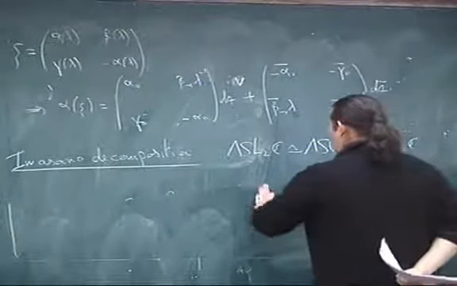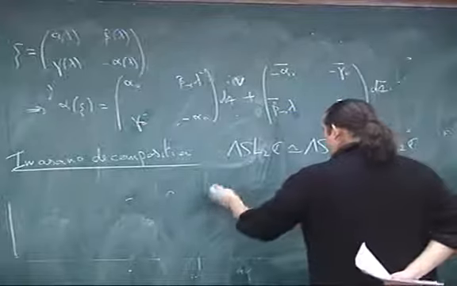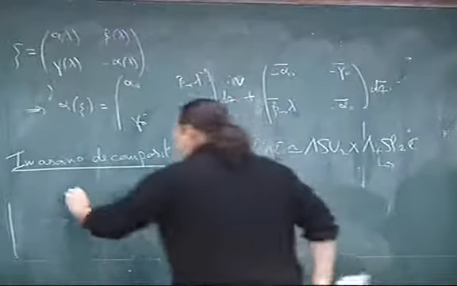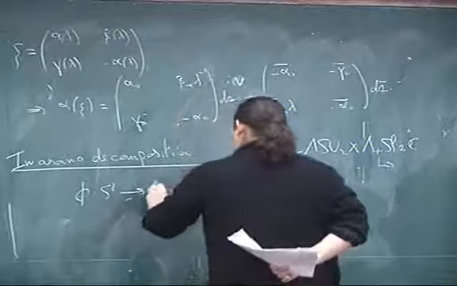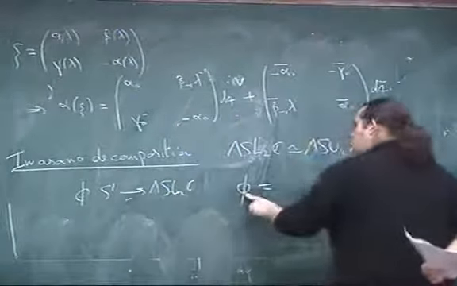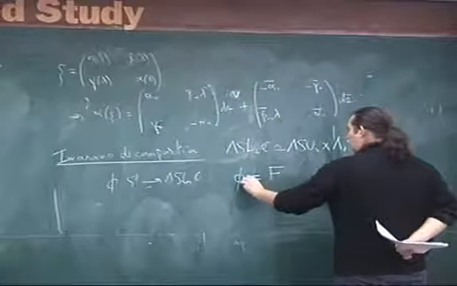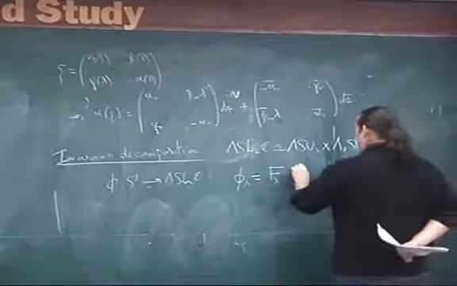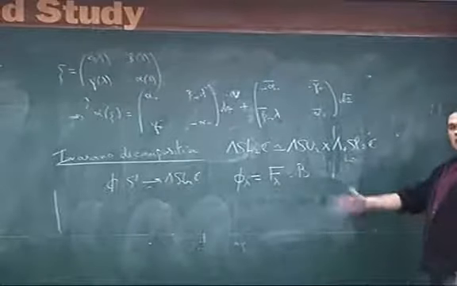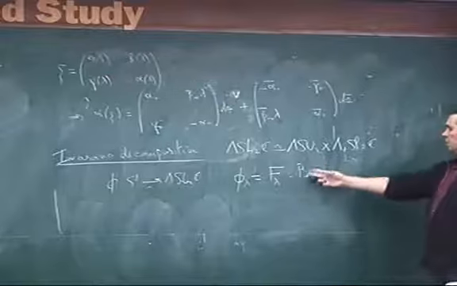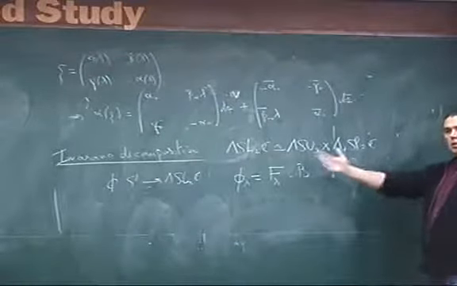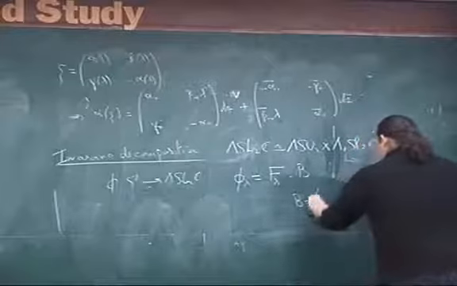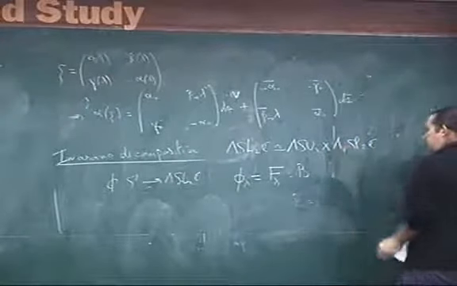And then when I'm looking at any application phi which is S1 in lambda SL2C, I can find a decomposition phi is F B, where F is in lambda SU2, and B has only entries in the positive powers of lambda.